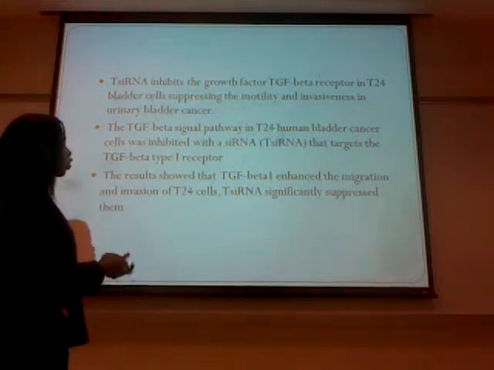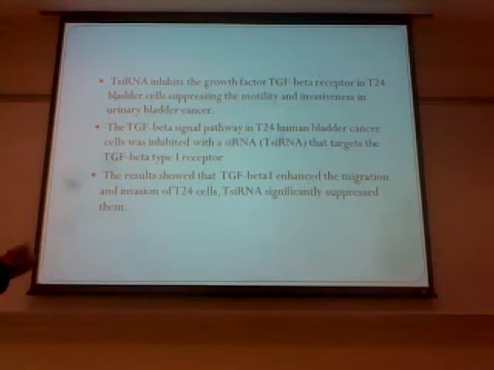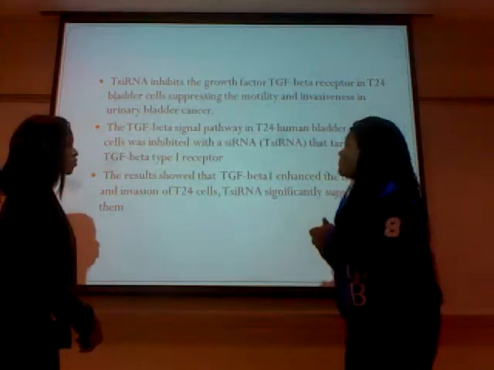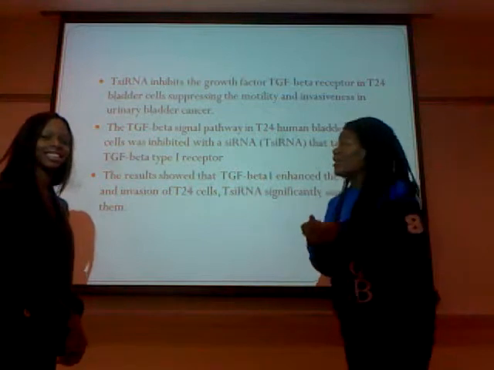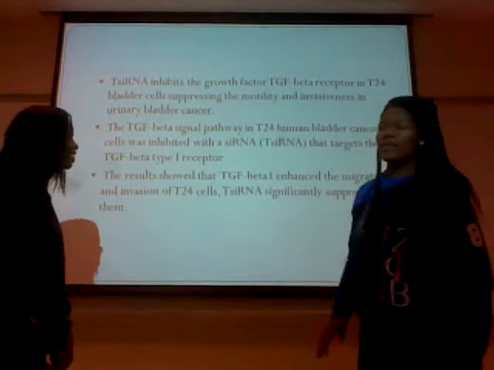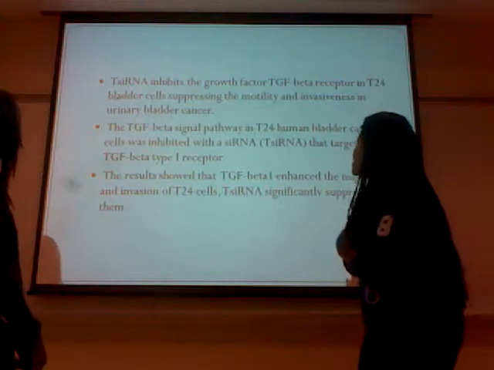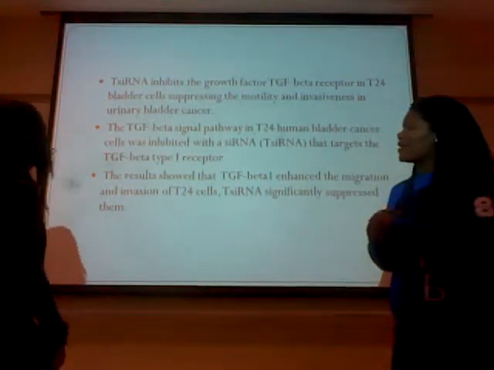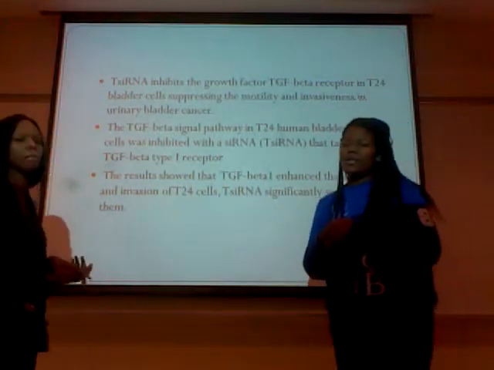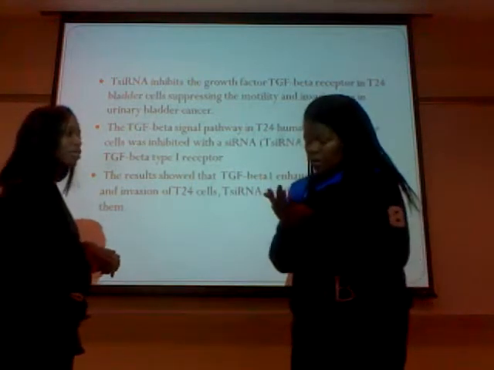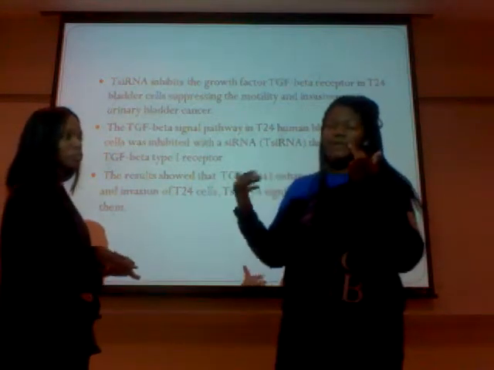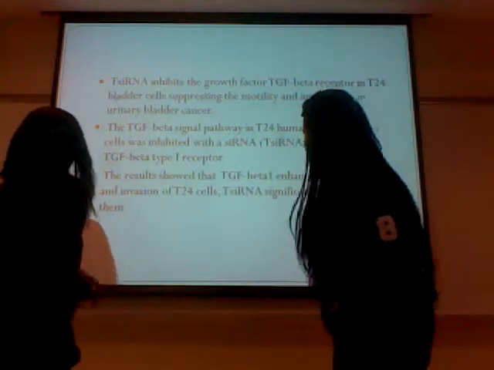The results show that TGF-beta1 enhanced it. But this is also an example of how siRNAs are used. It's called the TGF-beta siRNA. It inhibits the growth factor, the TGF-beta receptor, in T24 bladder cells. This goes back to the RTK receptor system we were referring to before.